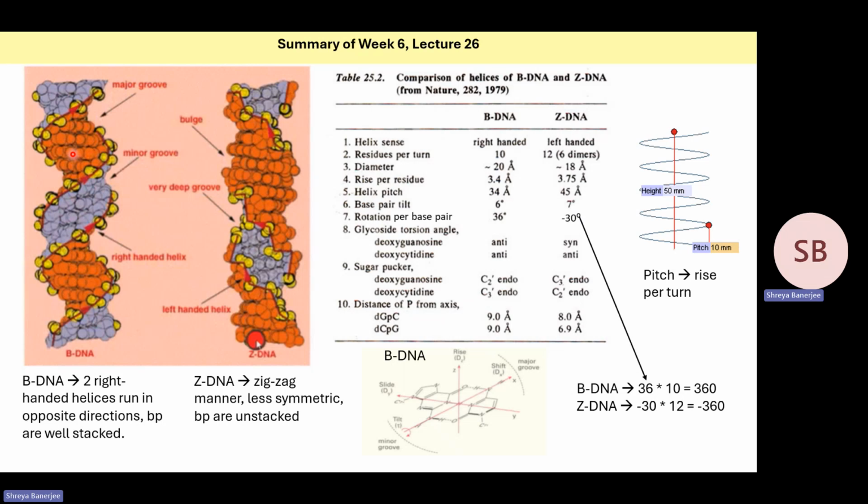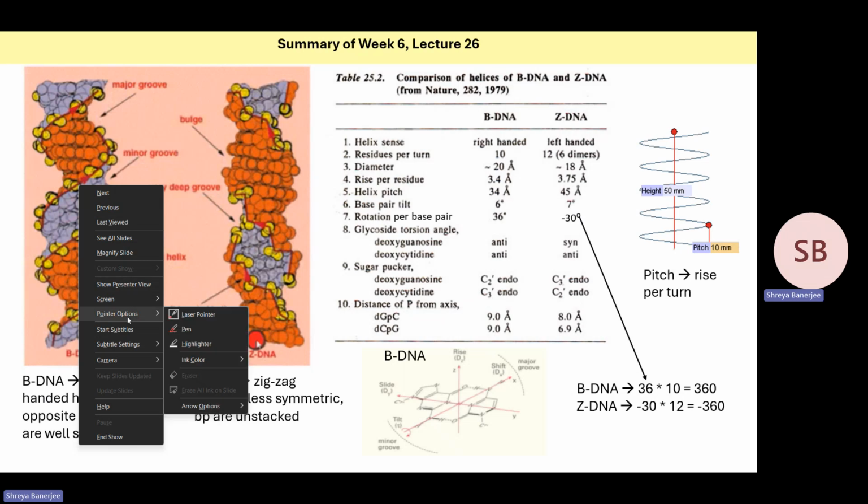So, this is already what we discussed in the last class, just with a bit more detail. So bDNA is the common DNA found in organisms, and normally double helical DNA appears like this. So two right-handed helices run in opposite directions.